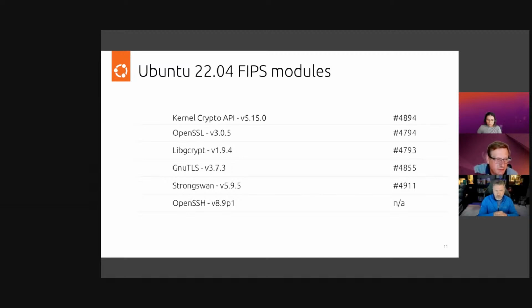Those are the three main user space crypto libraries that most applications within Ubuntu will be able to use, and we've prepared these and turned them into FIPS certified versions. We've also used a FIPS version of StrongSwan, an IPsec client, so if people want to take advantage of VPNs in a FIPS scenario, they can use StrongSwan.